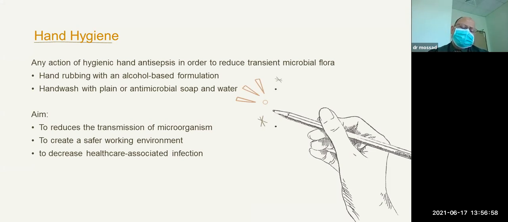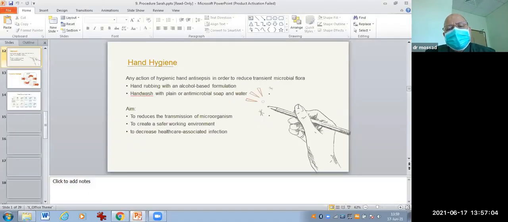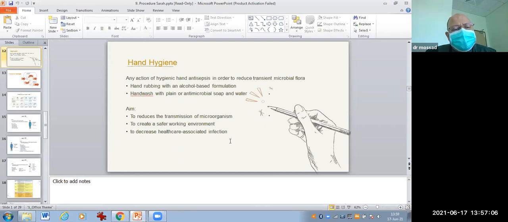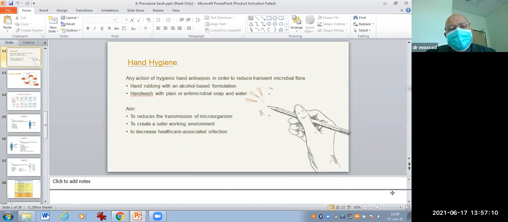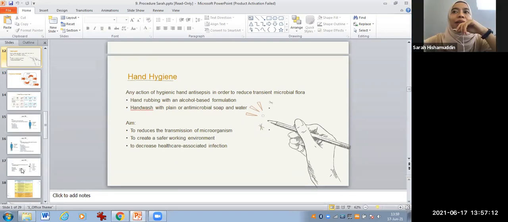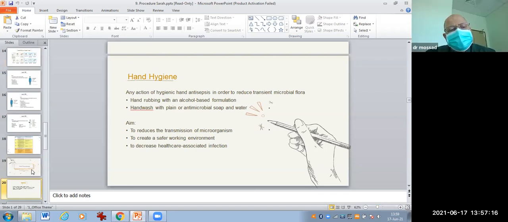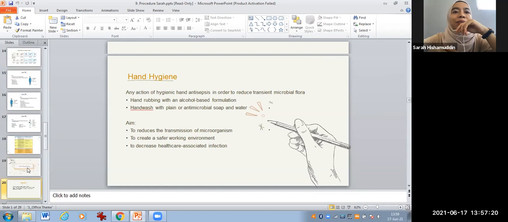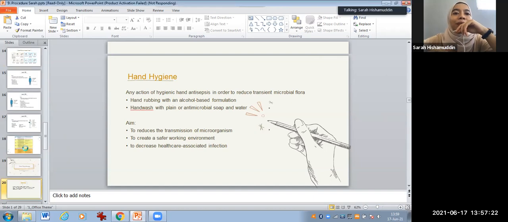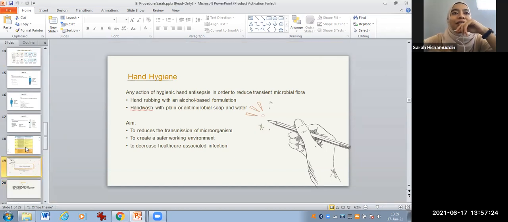I think now you need to attend your lecture. Is it at 2? What is remaining for you other than this hand hygiene? After this, I have the chest physiotherapy and also suction. Okay, and then another presenter will present on the lumbar puncture, blood culture, and also venipuncture and blood pressure.